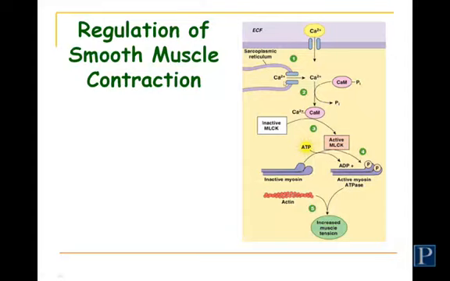What you see here is we're going to have calcium coming in from the extracellular fluid or from within the sarcoplasmic reticulum. The stimulus for calcium release can be a number of different things, and we're going to discuss that later. So calcium influx, which is extremely important for any type of muscle contraction. What happens here is calcium will bind to, and this is how they abbreviate it, calmodulin.